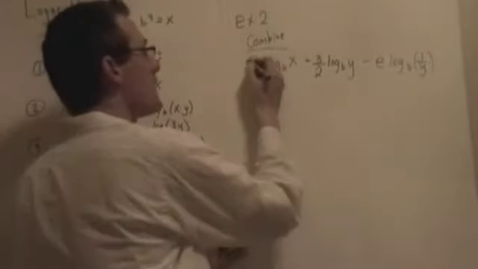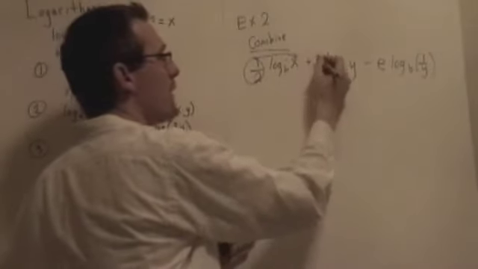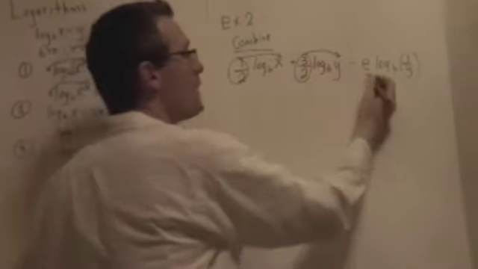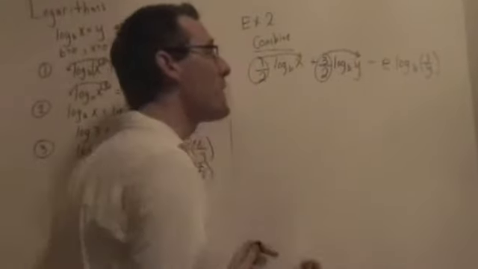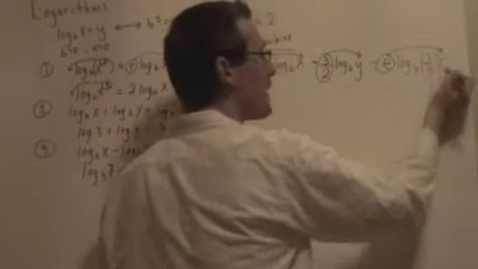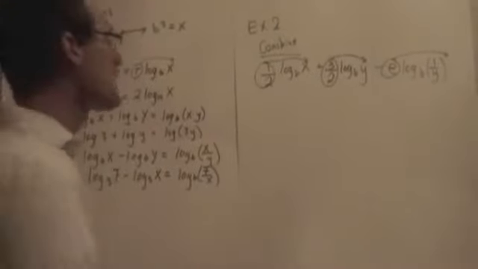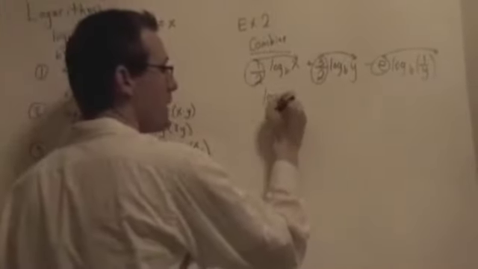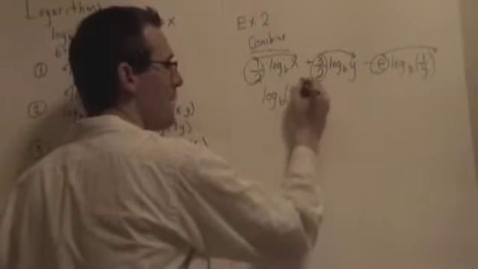So that means 3/2 is going to come up here. We're also going to take this e. Now remember, e is a number. E comes up here. So this is going to become log base b of x to the half power.